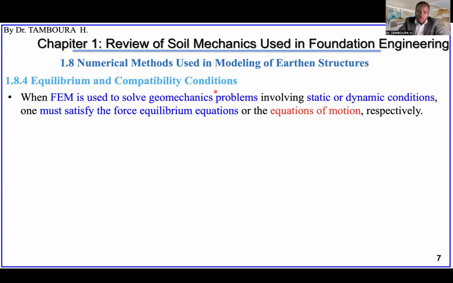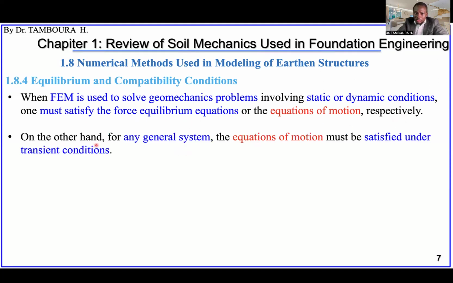So when we use the finite element method to solve a geotechnical problem, it involves static or dynamic conditions. One, we must satisfy the force equilibrium equations or equation of motion, respectively.